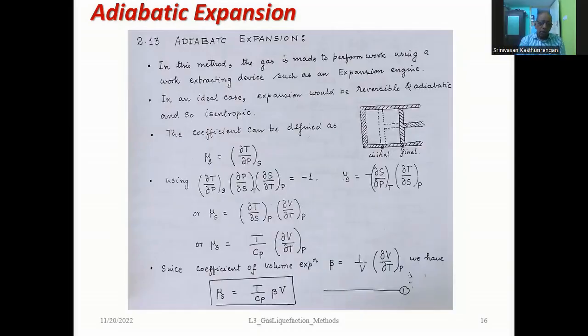This is a thermodynamic equation which can be written for any three thermodynamic variables. Taking the other terms to the right hand side, dou T by dou P at constant S is minus dou S by dou P at constant T into dou T by dou S at constant P.